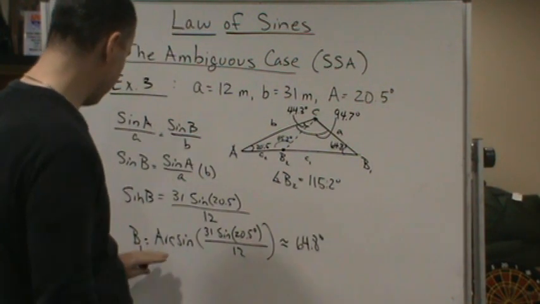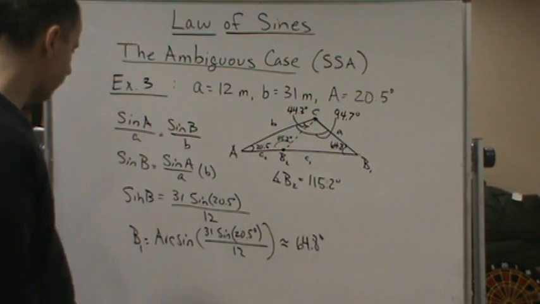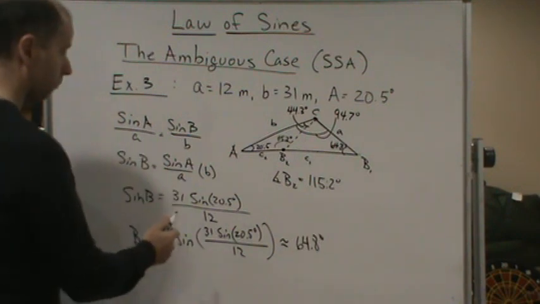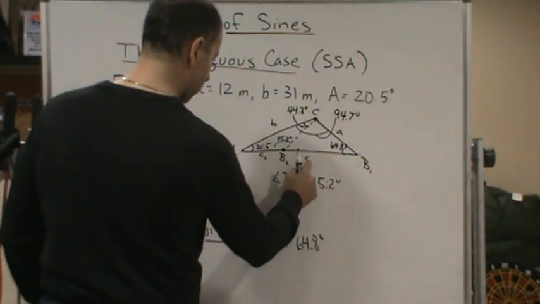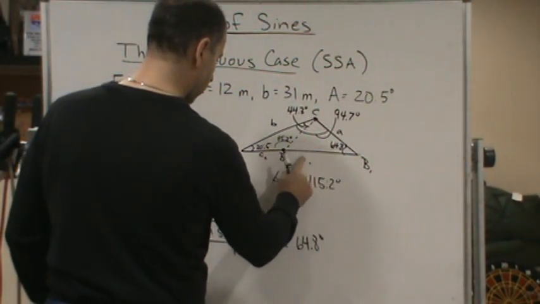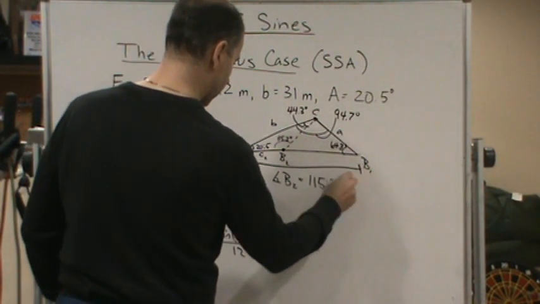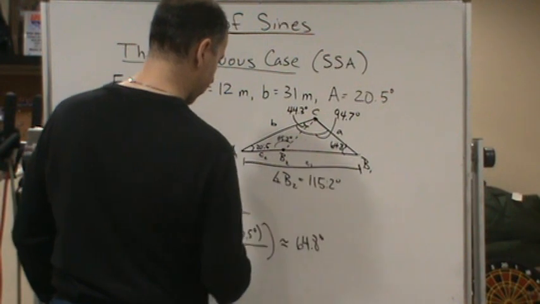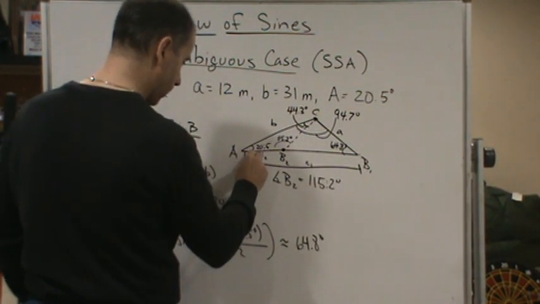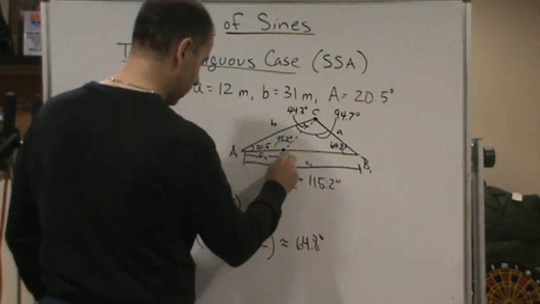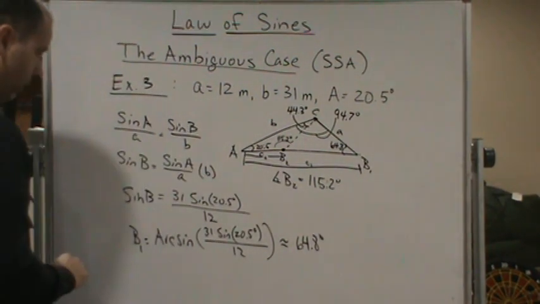So if we look at B1, right? So let's solve for C1. So C1 is going to be from here to here. That's C1. C2 is going to be the smaller triangle from there to there.